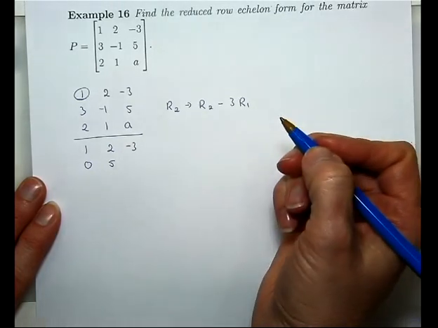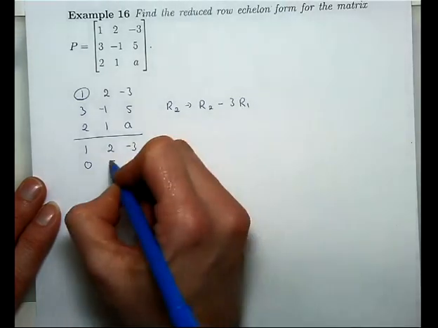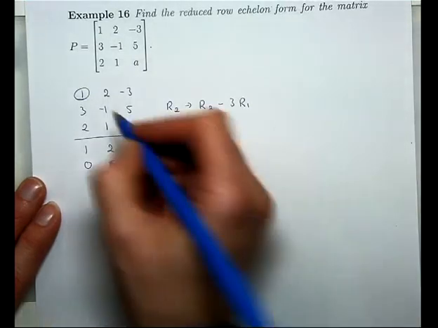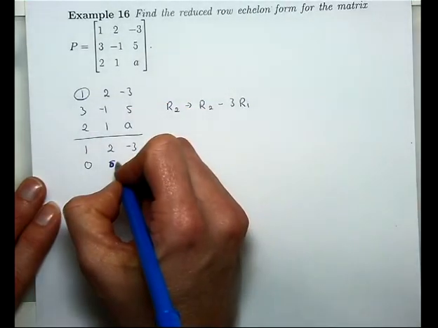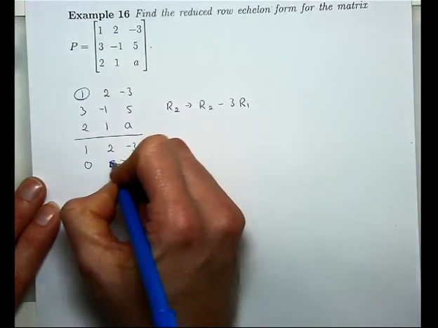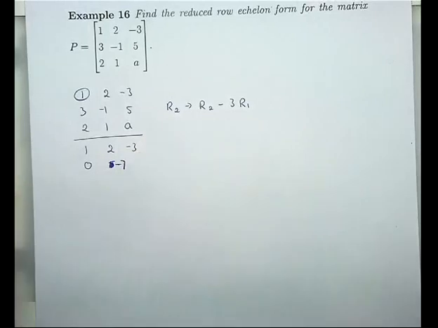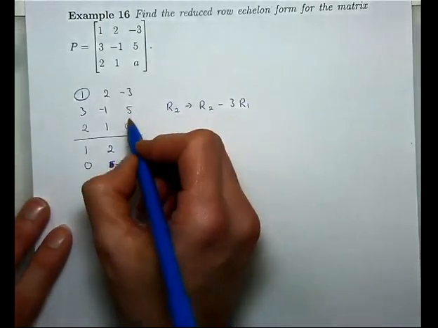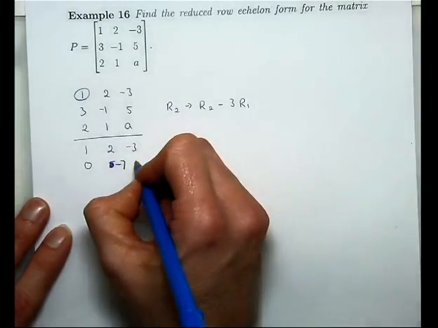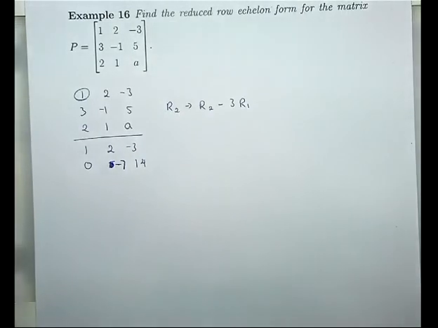Oops. What am I doing now? Minus 1, minus 6, thank you, is minus 7. Anyone would think it was a Friday. Okay, 5 and 9 is 14. Okay, that's better.